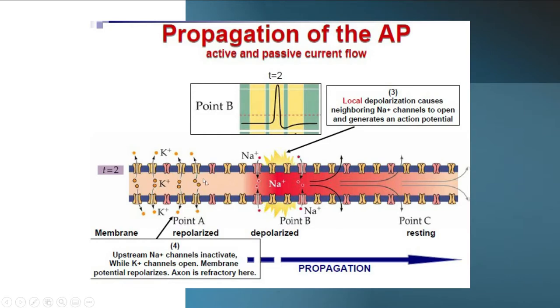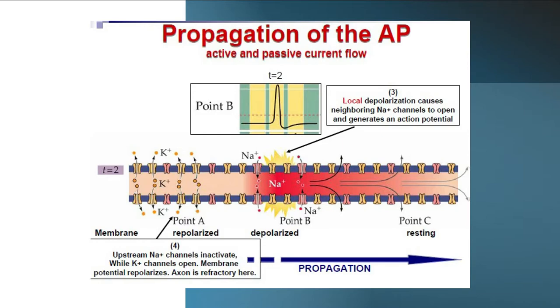Basically, once the action potential is generated at this point, it will move passively in the forward direction. In the forward direction the sodium channels will open, but what happened in the backward direction? The backward direction becomes repolarized after some time.